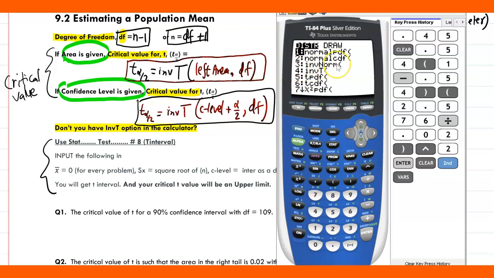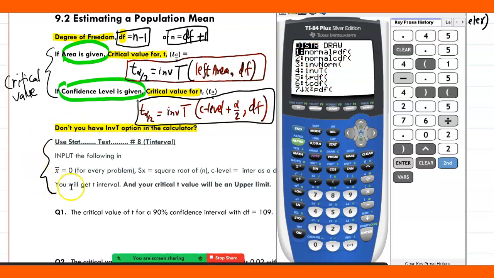Remember that we used invNorm in the last section to find the critical value, but if you estimate the population mean, we use invT to find the critical value for t. Therefore, number 4 has to be the option under this distribution menu. Do you guys have invT in the calculator? Double check it. If not, you have to follow these steps to find the critical value.